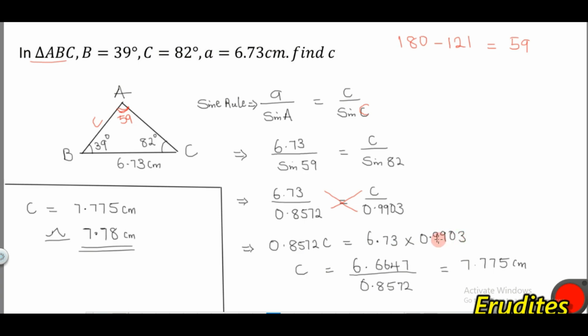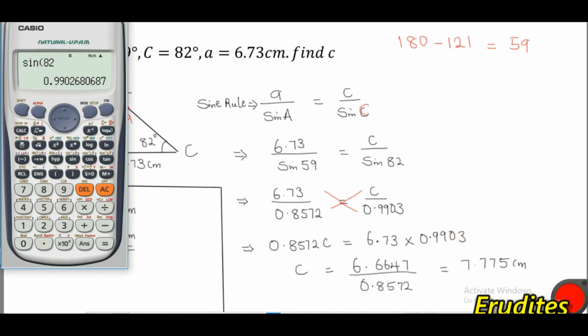So if I multiply that, 6.73 times 0.9903 will be equal to what? So I'll bring out my calculator and punch that. 6.73 times 0.9903 is equal to 6.6647.